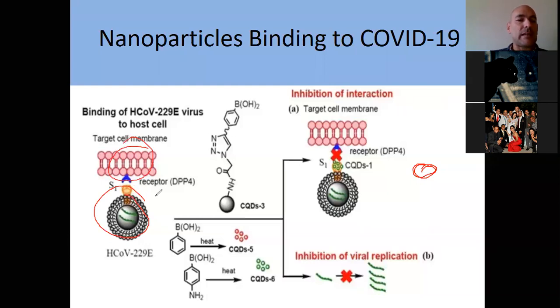What happens is that this carbon quantum dot is modified here with a functional group. This functional group binds to a receptor on the surface of this COVID virus. So you basically have the virus like this, and then now you have all these quantum dots that bind on the surface, and basically it covers the surface of the virus.